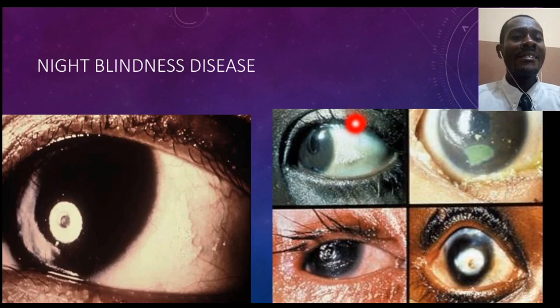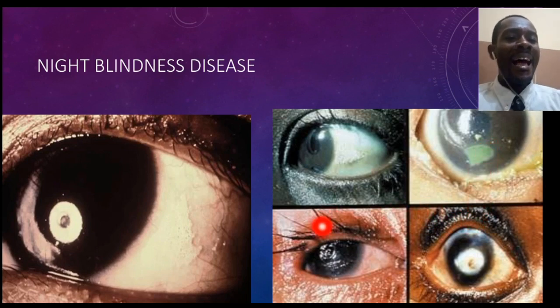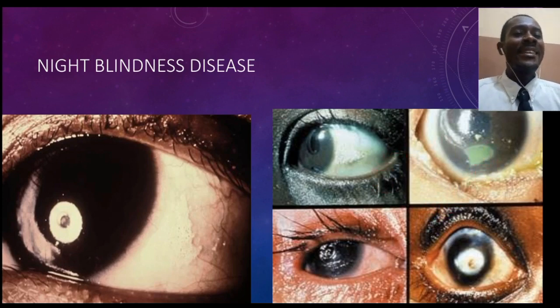Here you can see other symptomatic pictures of lack of vitamin A, and these eyes are no longer normal and healthy eyes. A lot of blockages are already accumulating at the cornea of the eye. And like I told you, if this condition continues for a very long time, it can lead to total blindness.